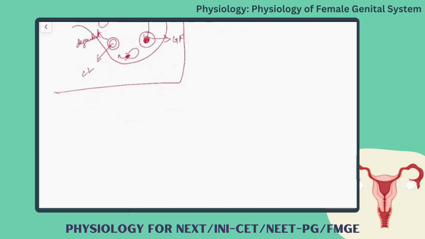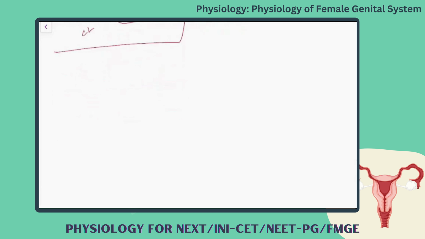Okay, so this is the outline of whatever is happening. Now we will see in detail the scenario of what is happening in the female reproductive system. So first consider the primary follicle.